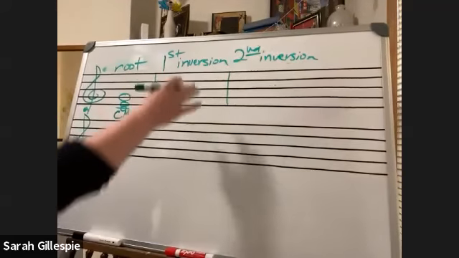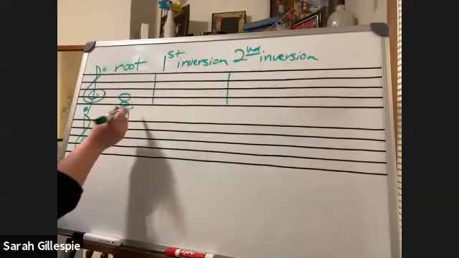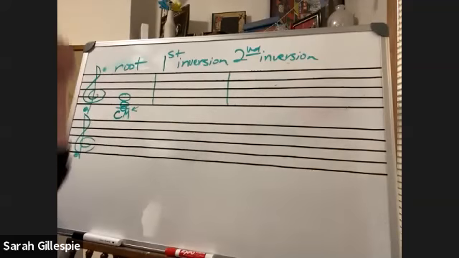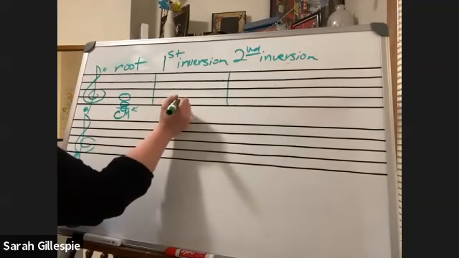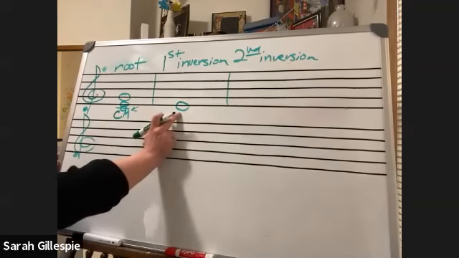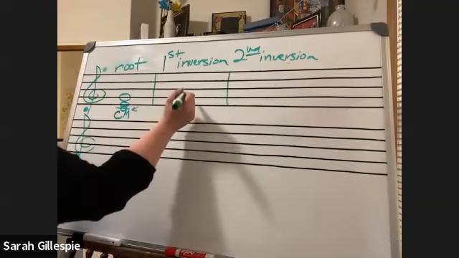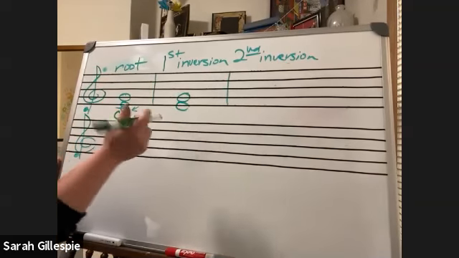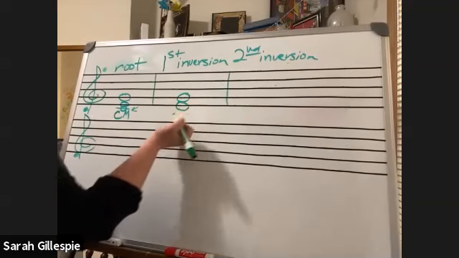For first inversion, we take this C at the bottom and stick it on the top. Now all of a sudden our E looks like it is the root, but it is not. Our G suddenly looks like it's the second note, but it really is the third.